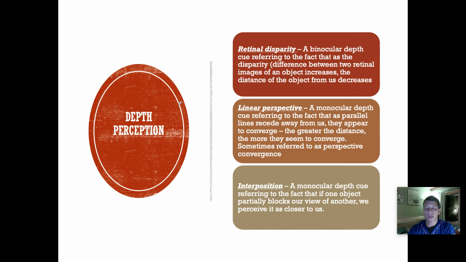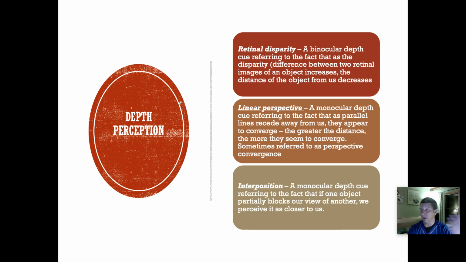Interposition is another monocular depth cue, referring to the fact that if one object partially blocks our view of another, we perceive it as closer to us. Think about that. If somebody's standing behind a car on the other side of the street, you know that the person is further away from you than the car is. You can't see his waist and his legs.